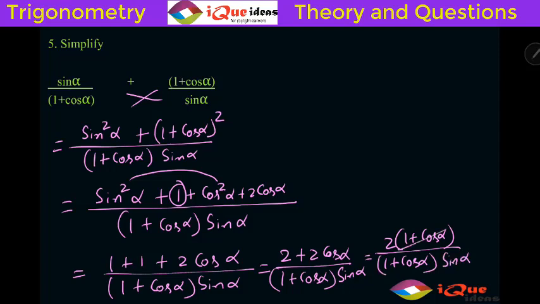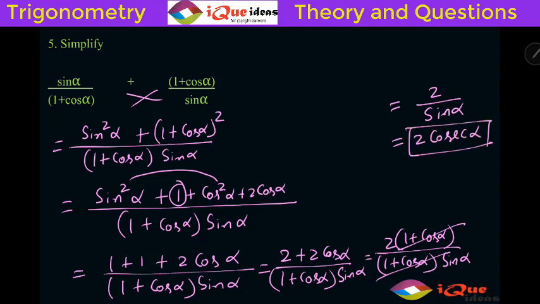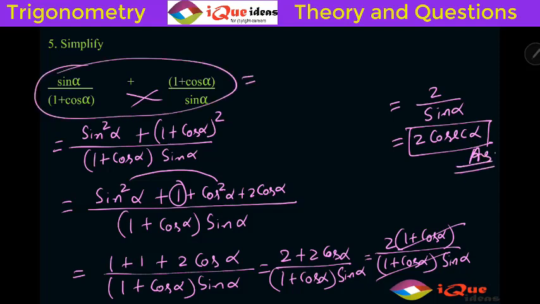So 1 plus cos alpha will get cancelled, and the final answer will be 2 divided by sin alpha. Now it is sin alpha in denominator. If it goes in numerator, it will become cosec alpha. So 2 cosec alpha is the final simplified form of this expression. Right? So this is the answer of this question.